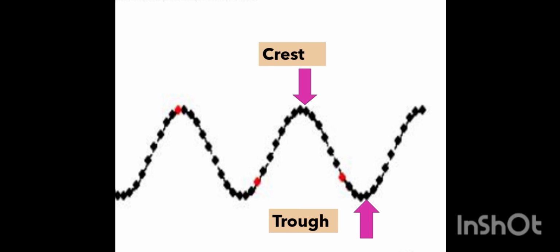One crest and one trough make one wave. The distance between two consecutive crests or troughs is called wavelength, meaning the length of one wave. So to measure the length of the wave, we need to measure the distance between two consecutive crests, or between two consecutive troughs, and that is the wavelength.